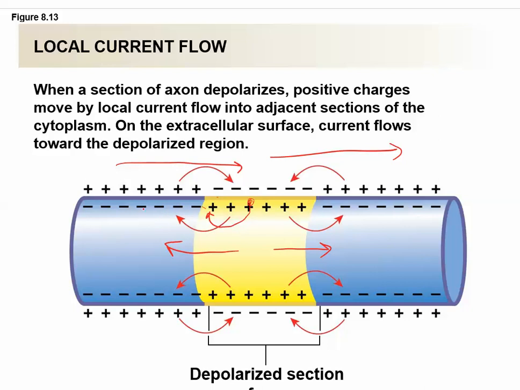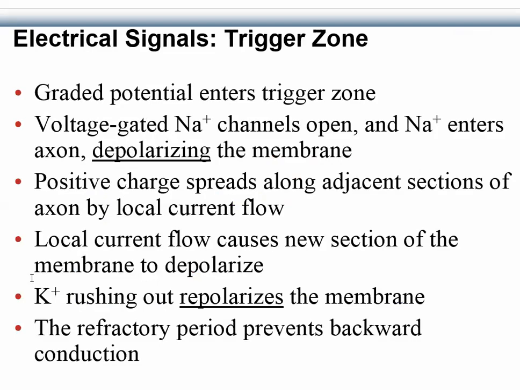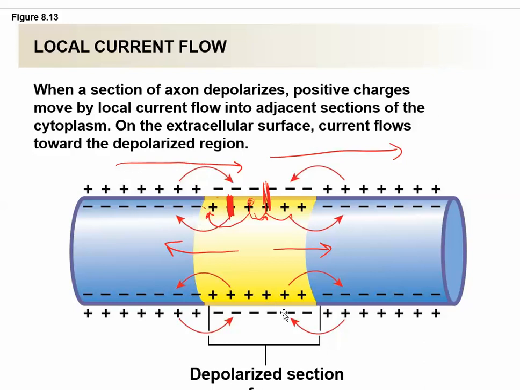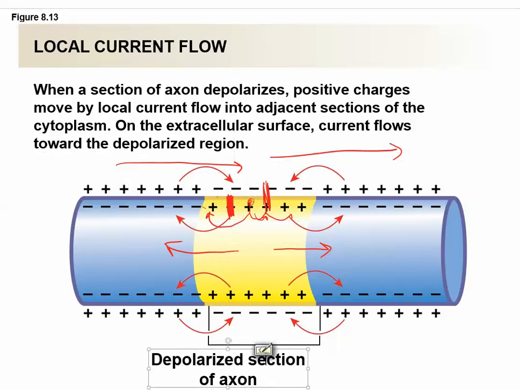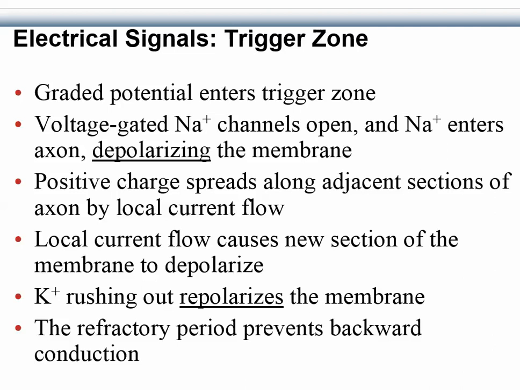But because one area depolarizes first, it's going to depolarize the next voltage-gated sodium channel that's next to it. The one that was depolarized before is still in its refractory period. So that means it can only really move in one direction. We'll come back and look at that again, hopefully so that it makes more sense when we actually cover that again.